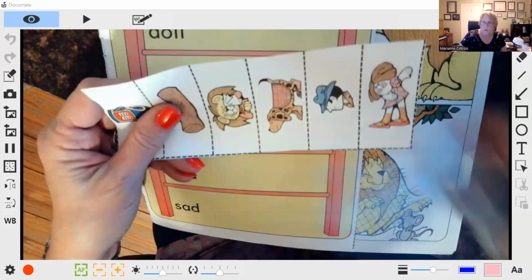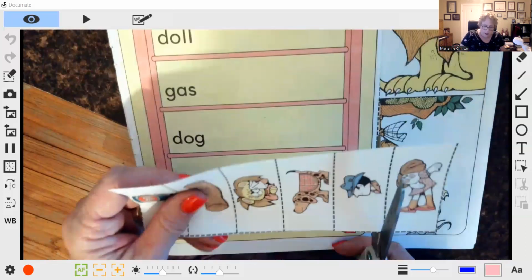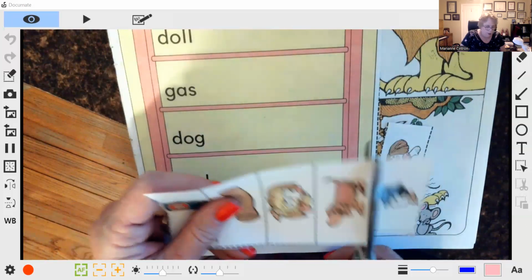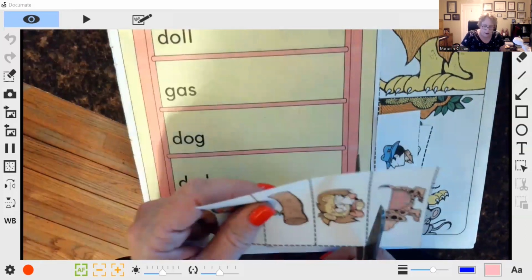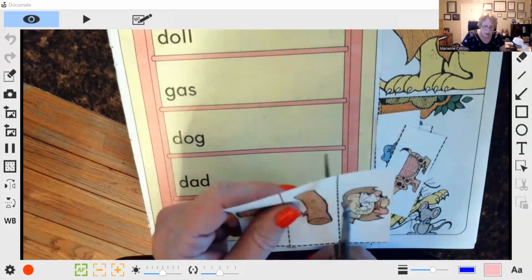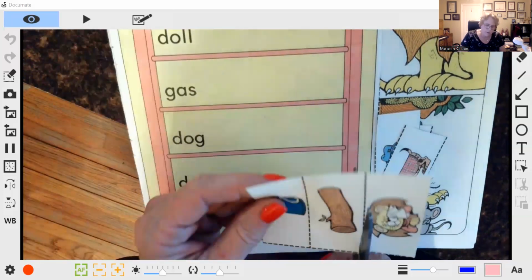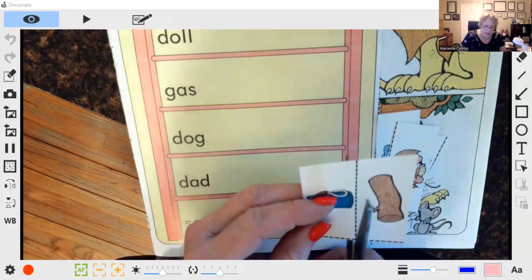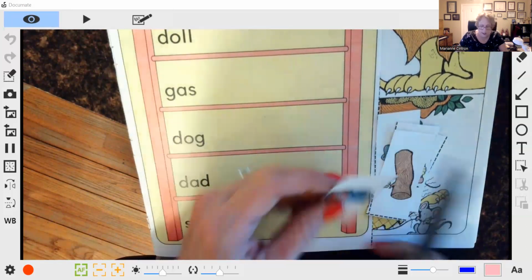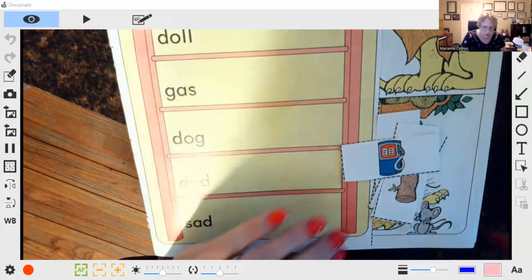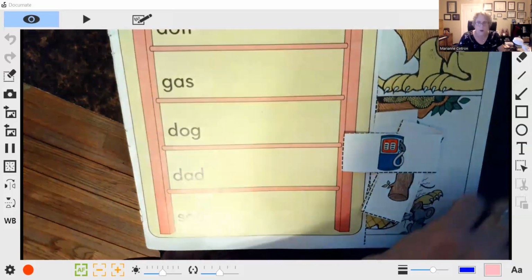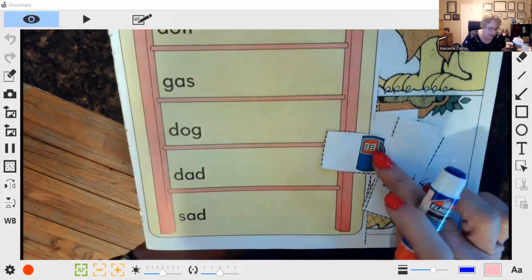So this is so fun. We have a doll. We have a dad. We have a dog. And we have what looks like a sad lion, and a log and gas. Okay. So we're going to put our pictures where the word is, okay?